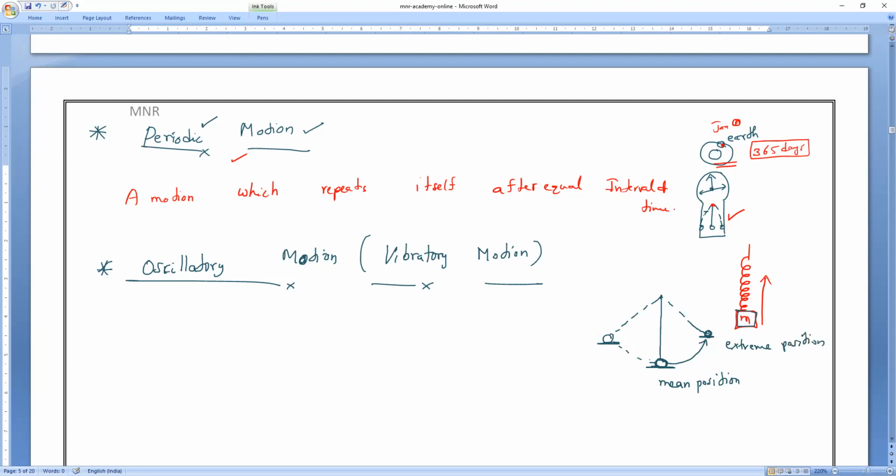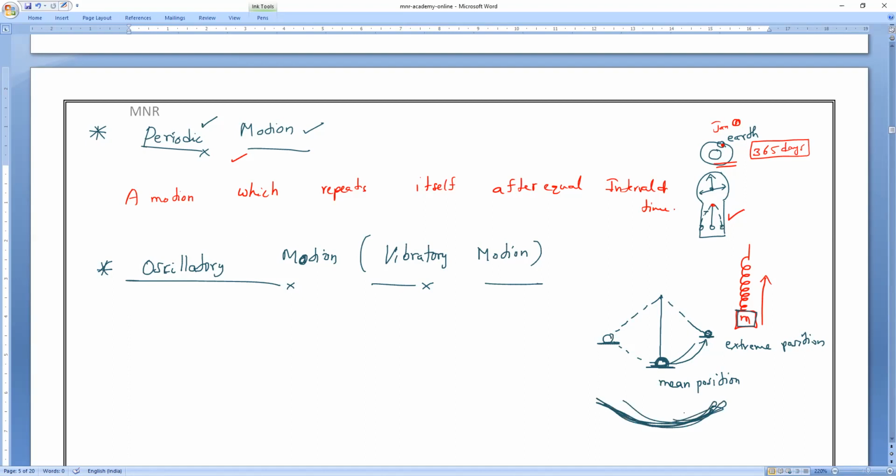So from the mean position, if a body is making to and fro motion, coming forward and going backward, coming forward and going backward, oscillating like this, that is what we call oscillatory motion.